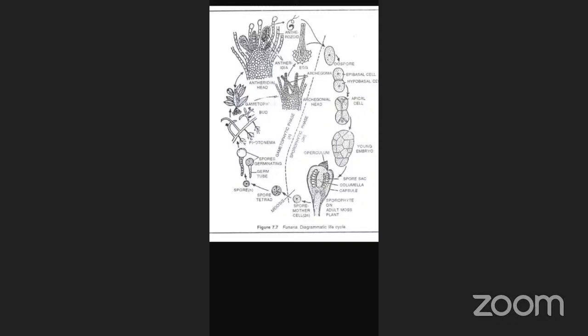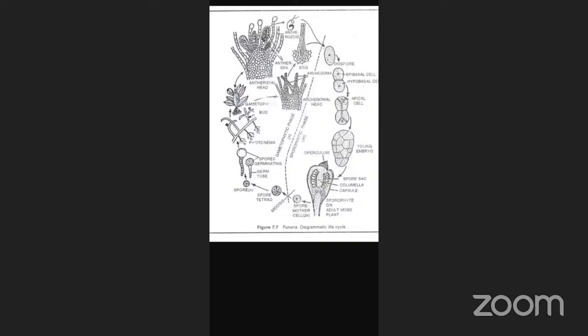The next one is Pellia. What does the Pellia structure mean? The hypobasal cells do not take part in the development of the sporophyte. The epibasal cells divide and differentiate into an outer amphithecium and an inner endothecium.